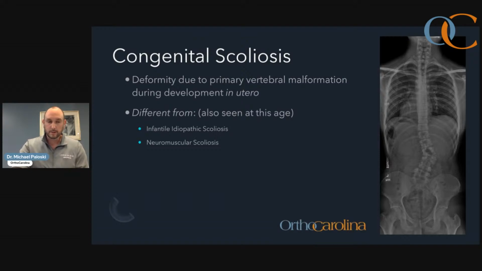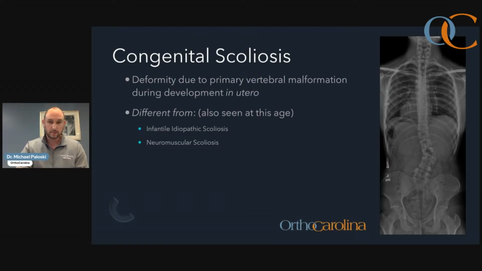So congenital scoliosis, what does that mean? That's scoliosis caused by a deformity due to the vertebra, the bones of the spine. As they're being formed, usually in the belly, sometimes we get a wedge-shaped vertebra or a misshapen vertebra that causes the spine to curve. And it doesn't always mean that congenital means babies.